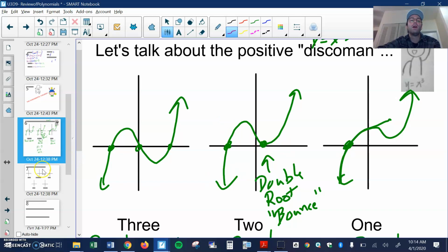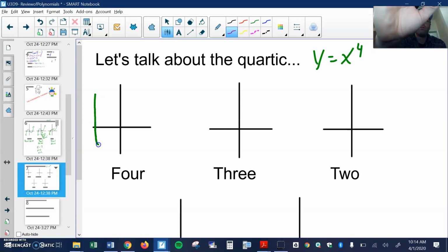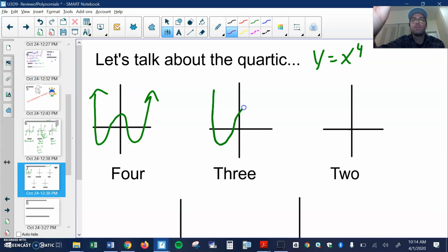There also exists a quartic where y equals x to the fourth. So I could have 4: 1, 2, 3, 4. I could have 3: 1, 2, 3. That's a double root right there. It's bouncing.